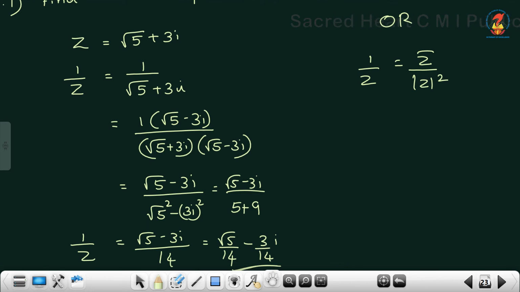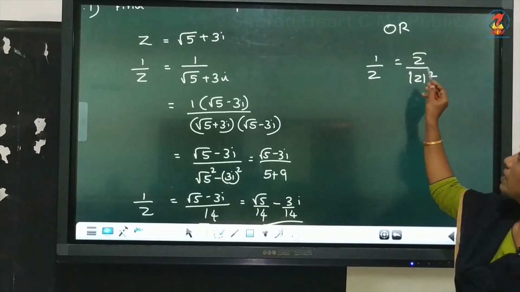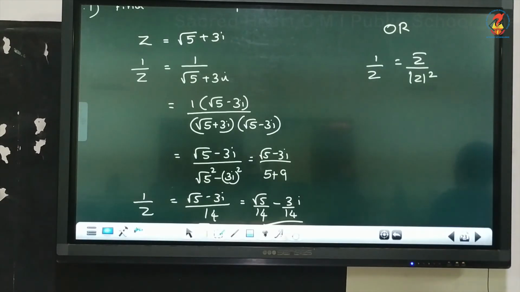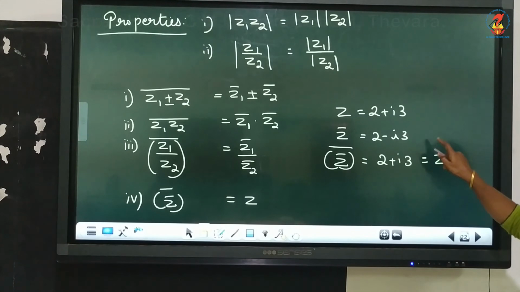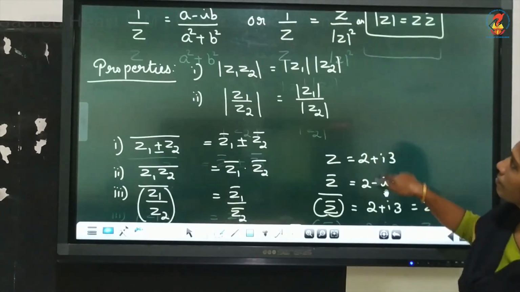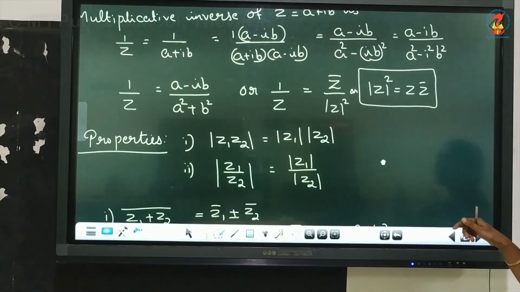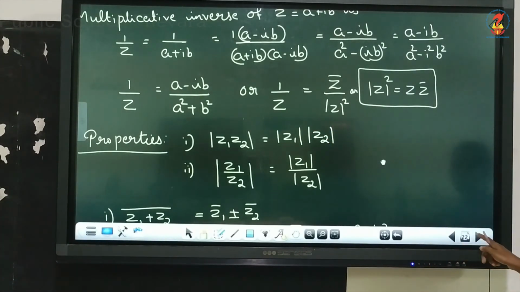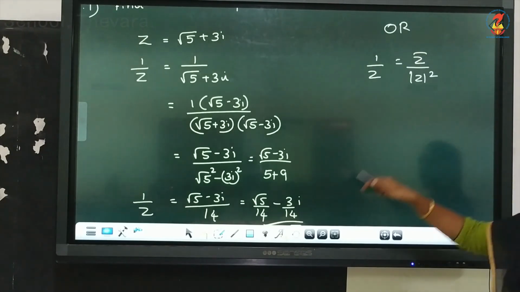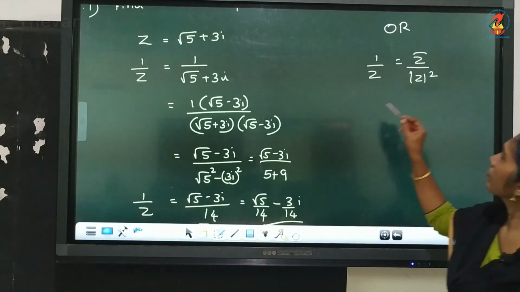The other method is we use that result. Or you can learn this: 1 by z is equal to z bar by mod z square. So we can use that.